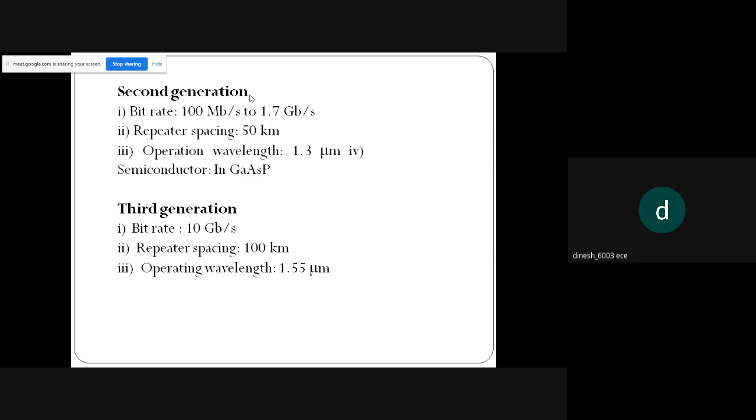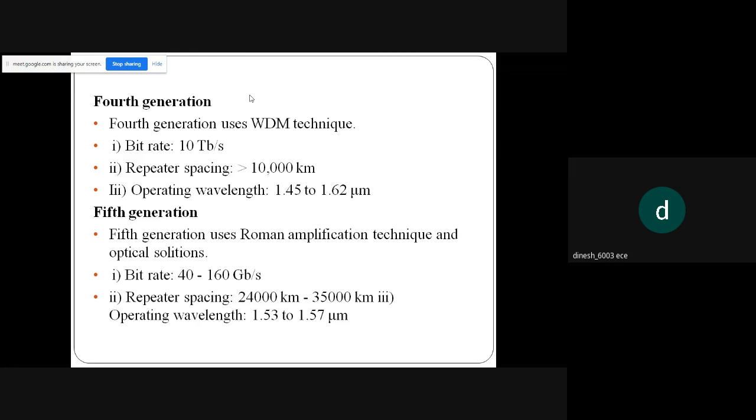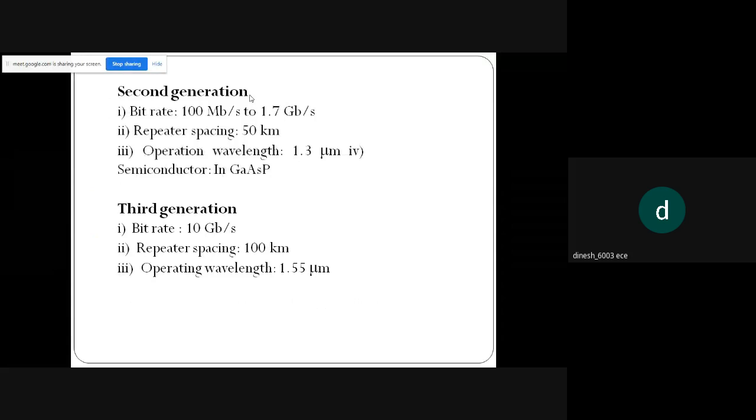Then in the third generation, the bitrate was increased to 10 gigabits per second with a repeater every 100 kilometers, and the operating wavelength was increased to 1.55 micrometers, using the same semiconductor material as in the second generation.